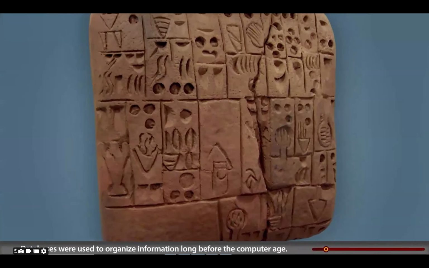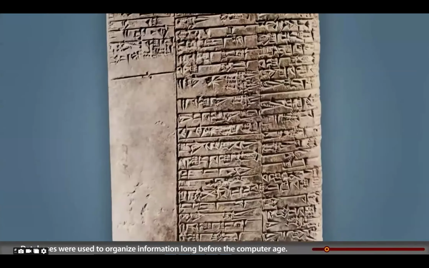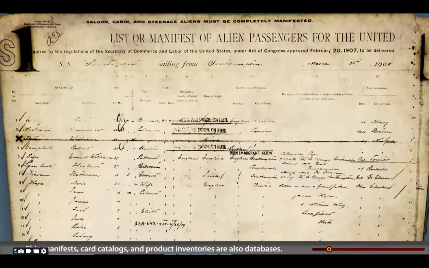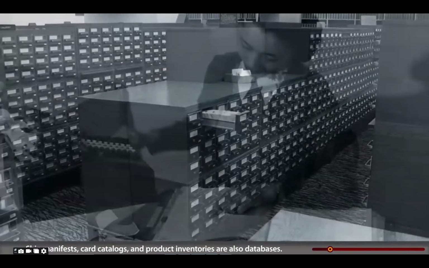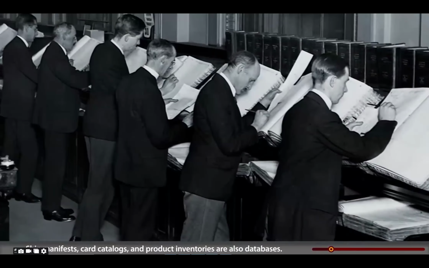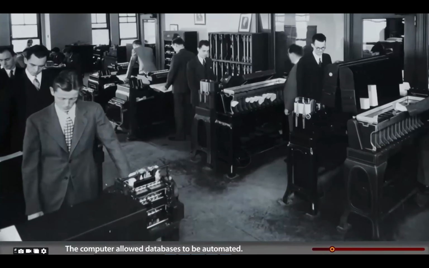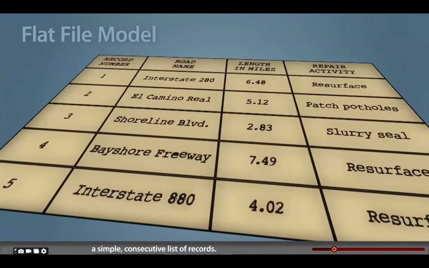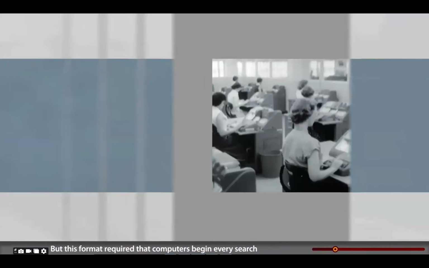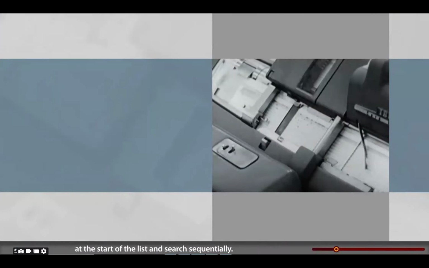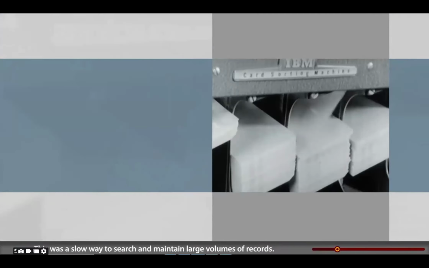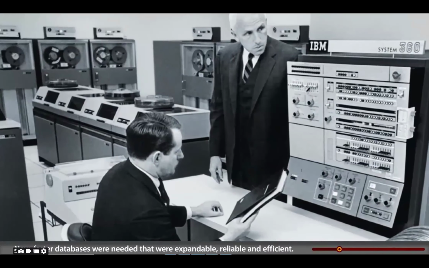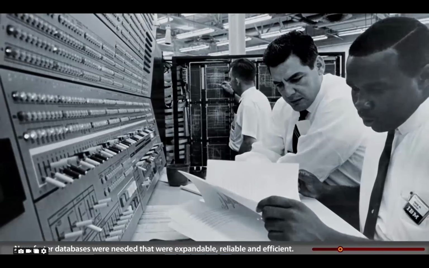Databases were used to organize information long before the computer age. This Sumerian tablet is an index of medical prescriptions. Ship manifests, card catalogs, and product inventories are also databases. The computer allowed databases to be automated. Early computer databases followed a flat file model, a simple, consecutive list of records. But this format required that computers begin every search at the start of the list and search sequentially. This was a slow way to search and maintain large volumes of records. New, faster databases were needed that were expandable, reliable, and efficient.